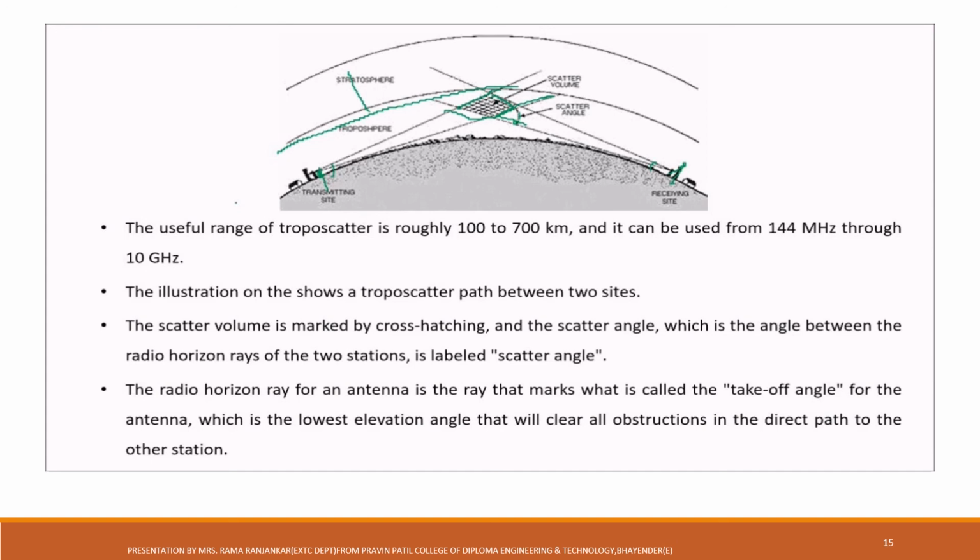The scatter volume is marked by cross hatching, and the angle between the radio horizon rays of the two stations is called the scatter angle. The radio horizon ray for an antenna is the ray that marks what is called the takeoff angle for the antenna, which is the lowest elevation angle that will clear all the obstructions in the direct path to the other station.